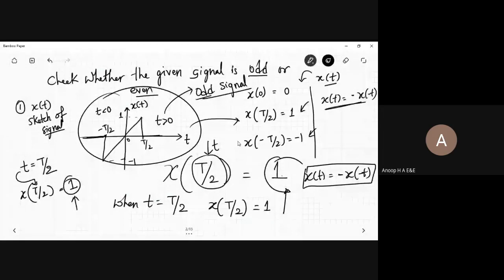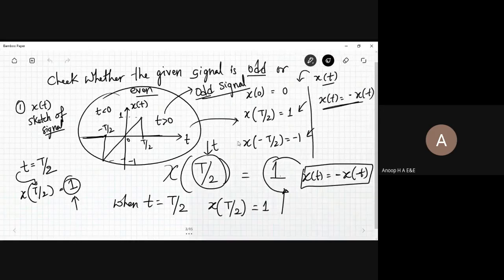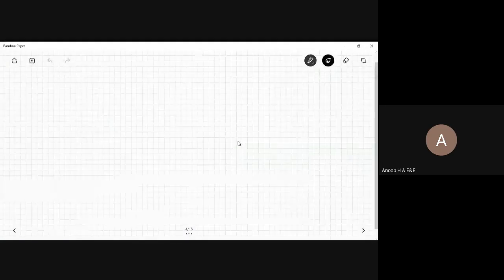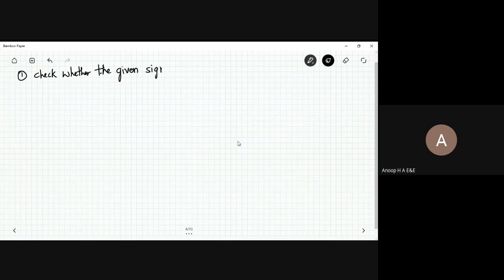Okay, the same thing holds good for the discrete signal here. So let me take one more example for a discrete signal. Okay, so for a discrete signal, what is the term that I need to use? I need to use the value called n.